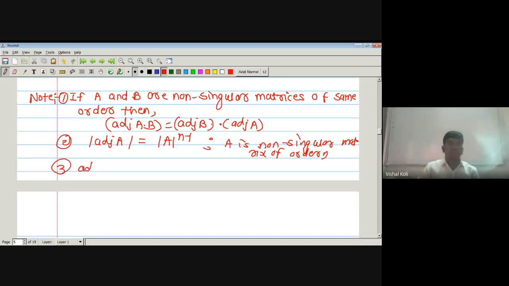And similarly, adjoint of adjoint of A: if we first find the adjoint of matrix A, and again take the adjoint of that matrix, then it is equal to determinant of A to the power n minus 2, into A.